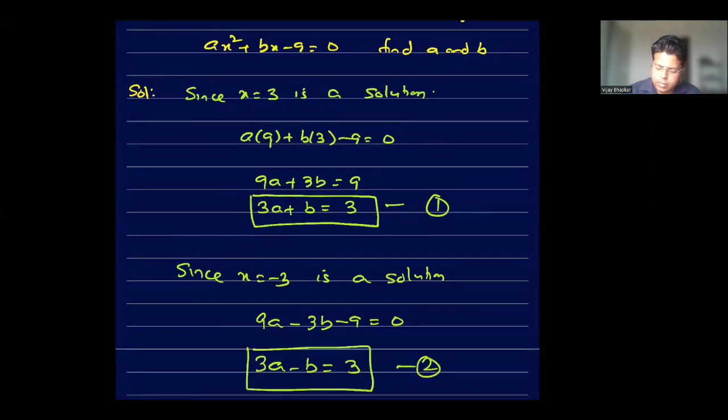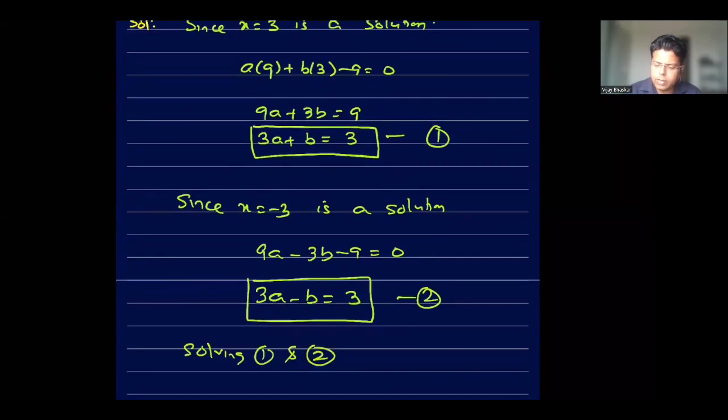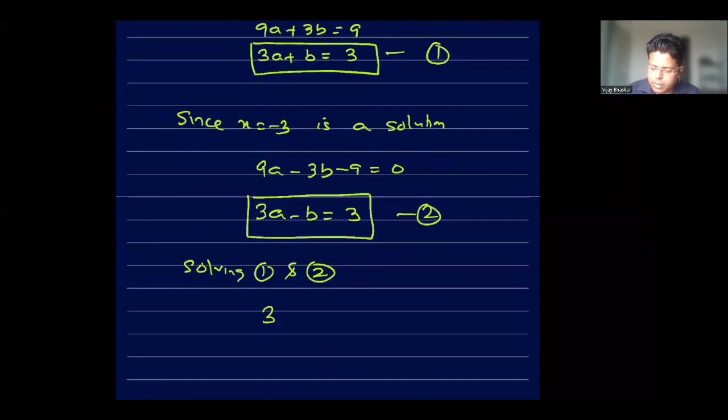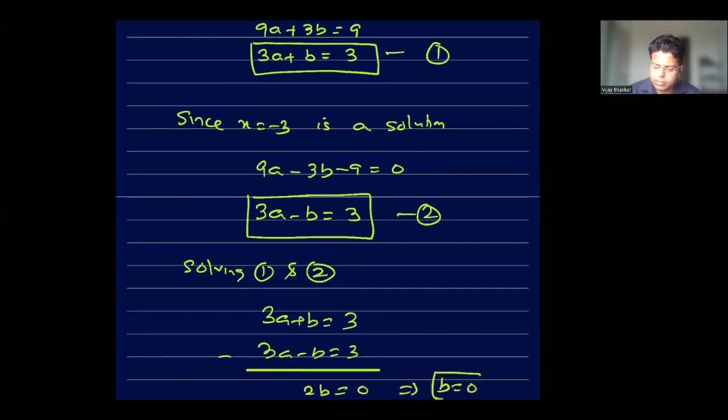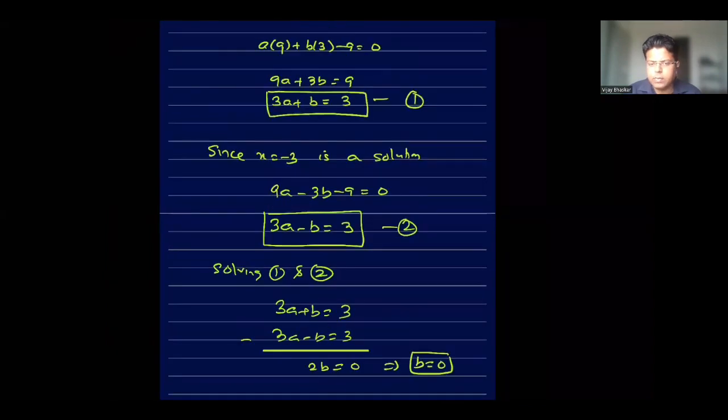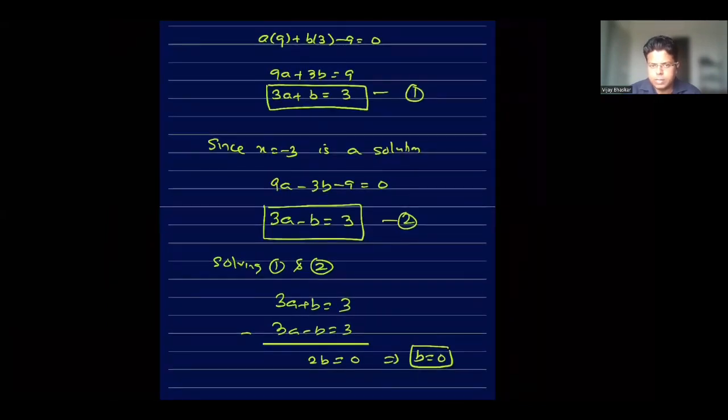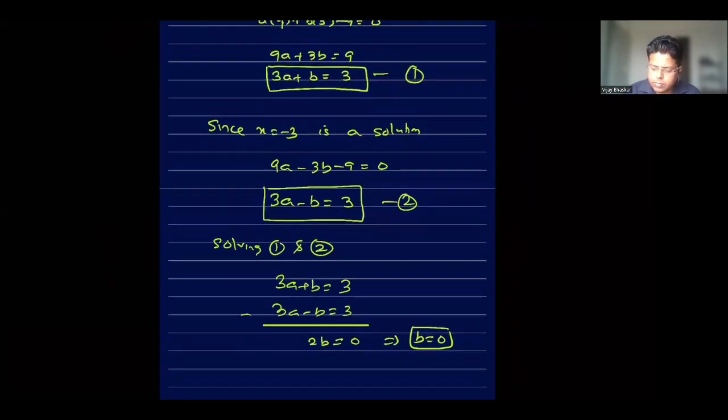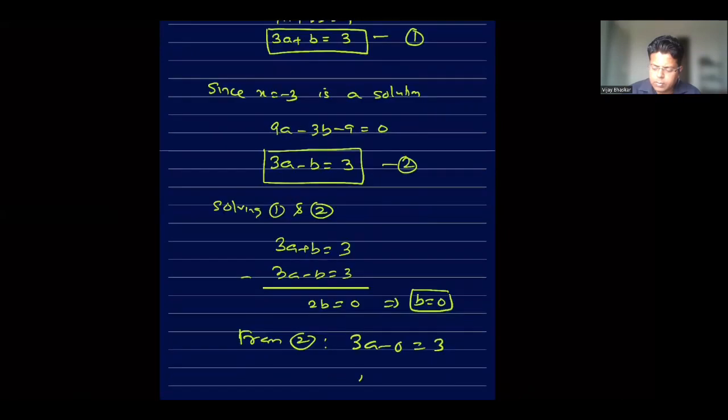Now we have to solve 1 and 2. So solving 1 and 2, we'll get 3a plus b equal to 3 and 3a minus b equal to 3. Subtract, which implies b is equal to 0. If b is 0, then a will be equal to 1.